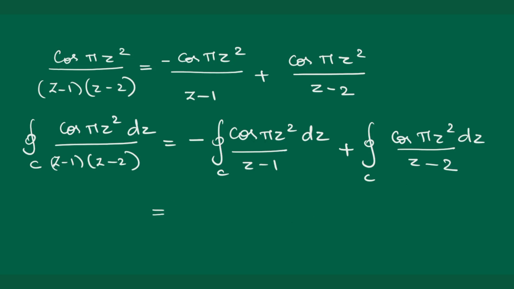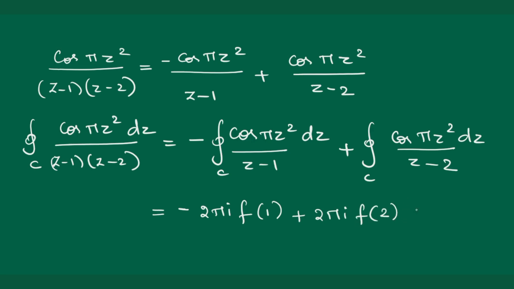Now already we know that by Cauchy fundamental formula, the value is 2 pi I into f of a. Here a takes the value 1 for the first term, and for the second term a takes the value 2.